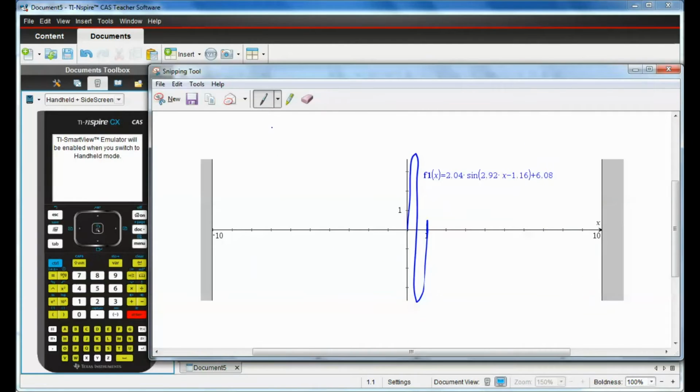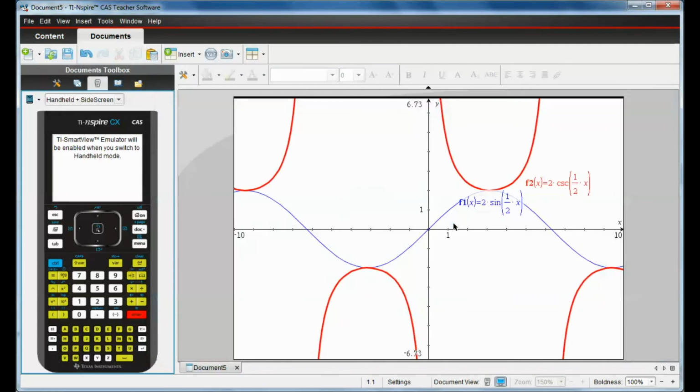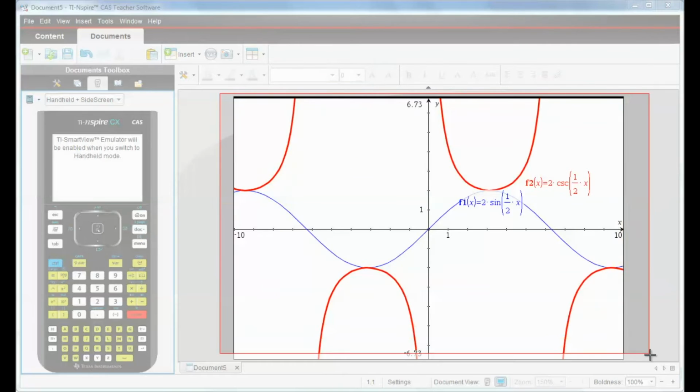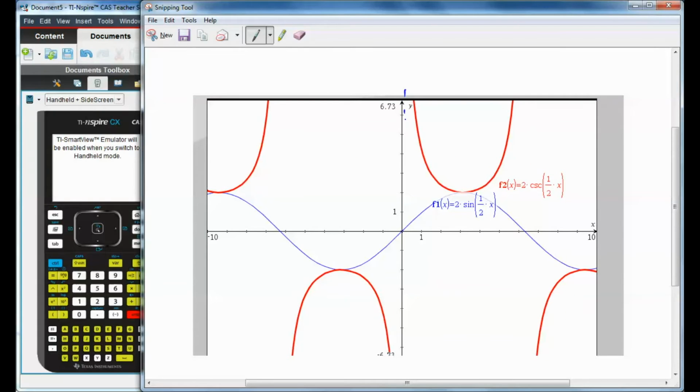So you can just imagine that there's a vertical asymptote here, here, here, and here. Anywhere that the sine curve crosses the x-axis.